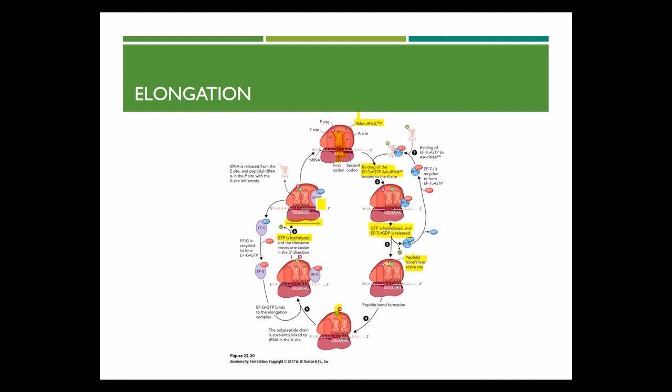The A site is empty. The peptidyl site now contains the charged transfer RNA, and then the E site contains the uncharged transfer RNA. Finally, the transfer RNA in the E site is released, and we can repeat the process. A new aminoacyl transfer RNA can enter the A site, and the process goes on.